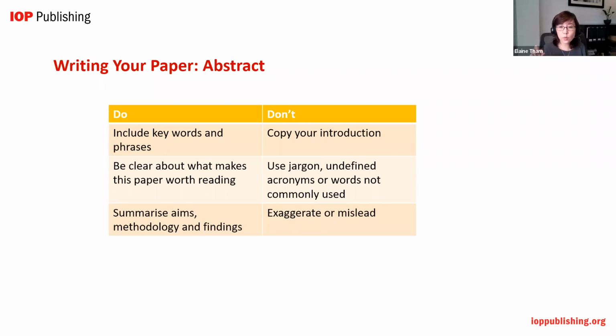And we know that most people come to our website directly through search engines or Google searches directly to the article page itself. So this is really key. Briefly summarize your aims, methodology, and findings in your abstract, but don't copy your introduction and don't use jargon or undefined acronyms here. Don't exaggerate your findings and don't mislead the readers.